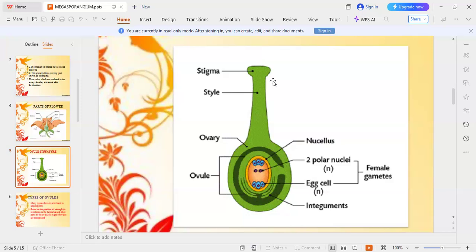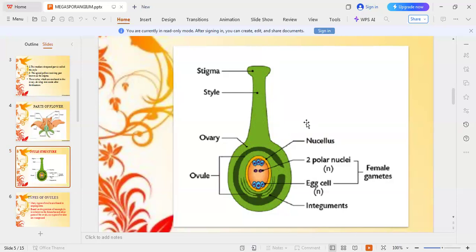The style is the slender projection, a tube-like structure. It is the slender projection of the ovary, and it bears the stigma at its terminal end, with the lower end connecting to the ovary.